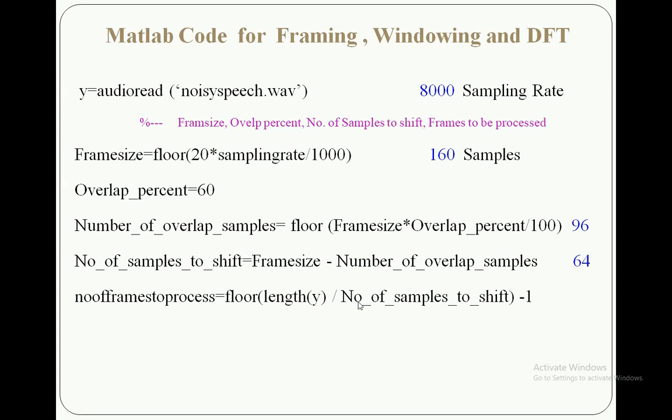Why? Because every time you are shifting 64, 64, 64, that many times you have to process a frame. Up to this point we have selected the frame size, selected the shift percent, and obtained the number of frames we have to process.